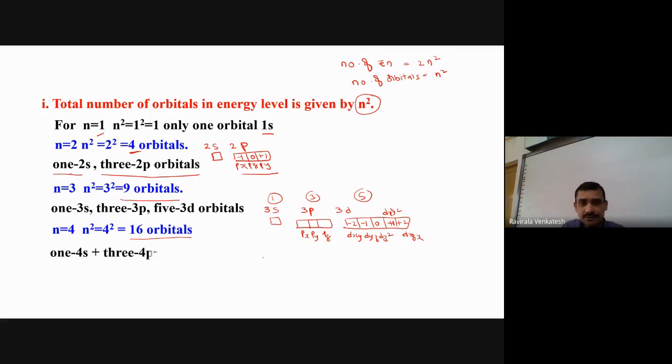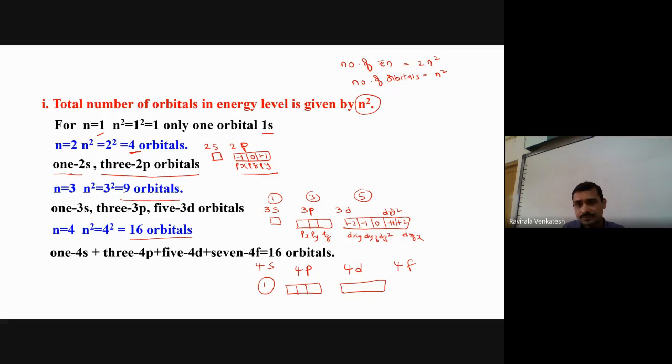That means we can write 4s, 4p, 4d, and 4f. From here 1, in this 3, in 4d 1, 2, 3, 4, 5, and in 4f 1, 2, 3, 4, 5, 6, 7.